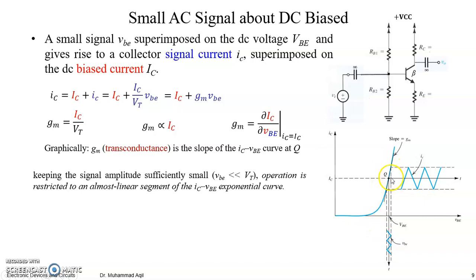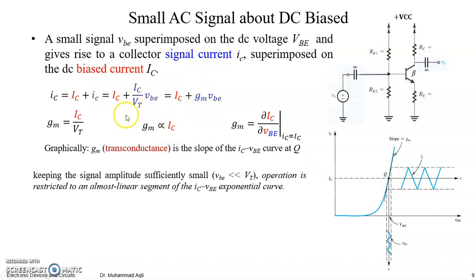But for our operation with a small AC signal at this biased Q point, for example, we are in the linear region, right? So we can model it linearly, this line, instead of taking this whole graph, because we are working only in this region.